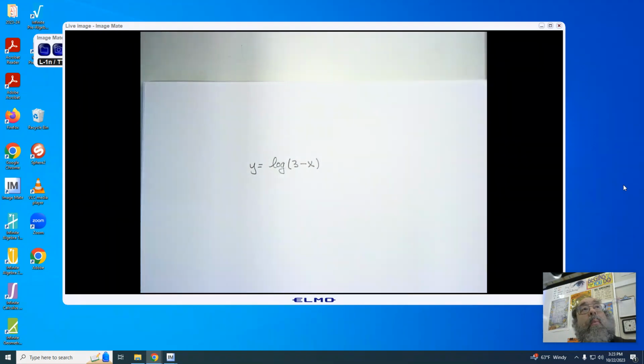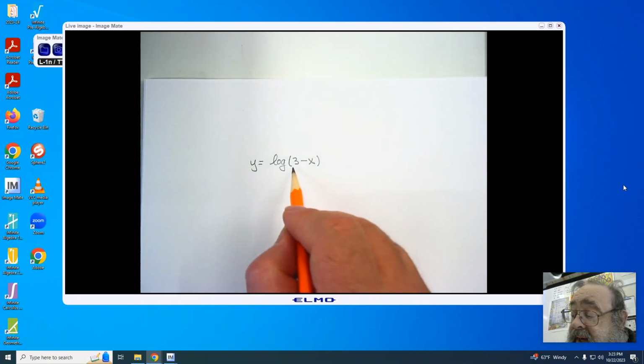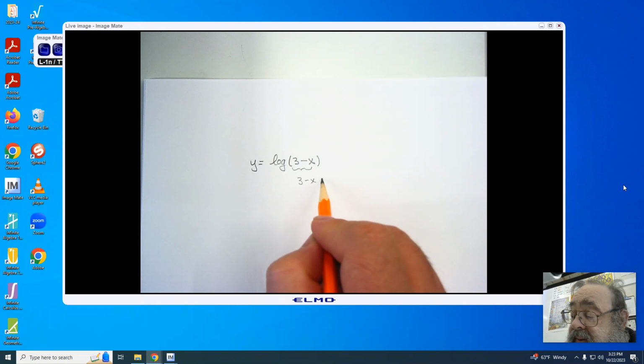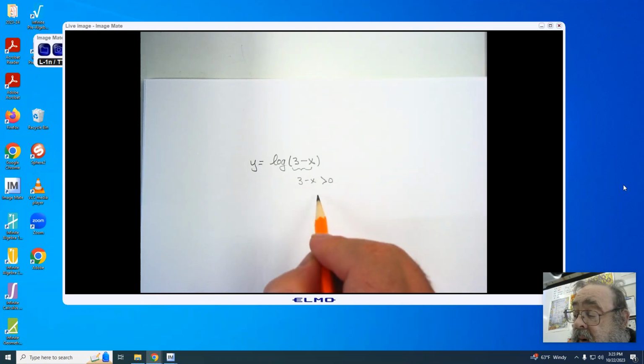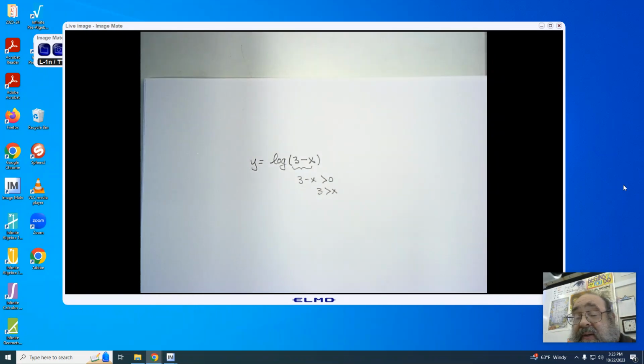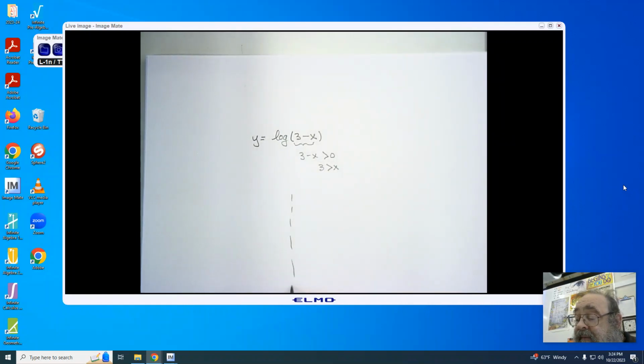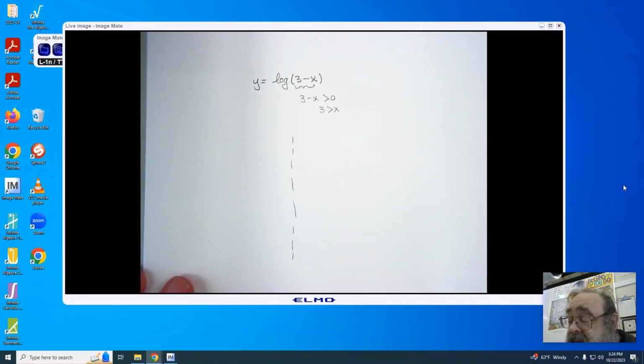Notice that when we take the inside part, 3 minus x has to be greater than 0, which means instead of moving the 3, I'm moving the x. And now I can see that x is less than 3. Where are we putting our graph in? There's our axis.